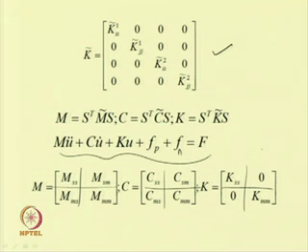Here it can also be noted that by this method, while the stiffness matrix is uncoupled, both the mass and damping matrices are coupled. The stiffness matrix is uncoupled, K S S and K M M, but the other matrices are coupled.